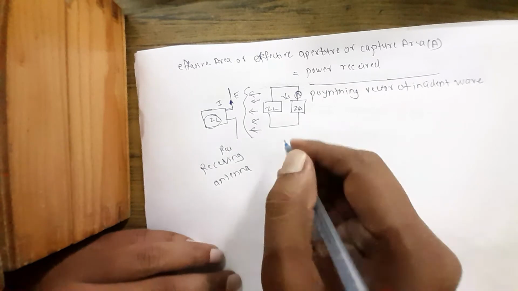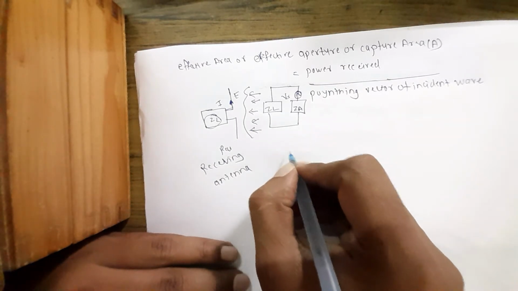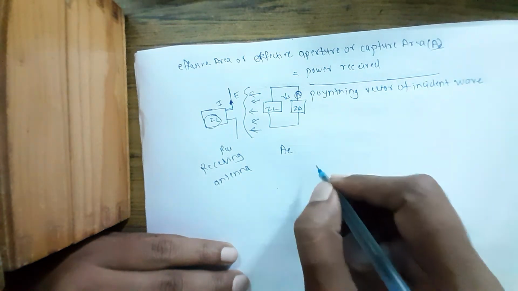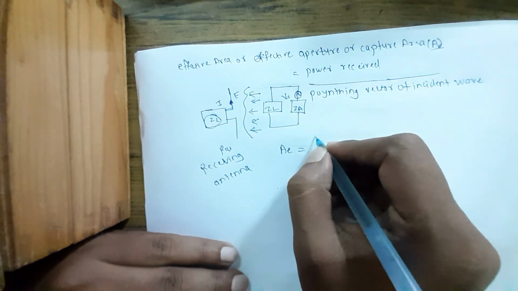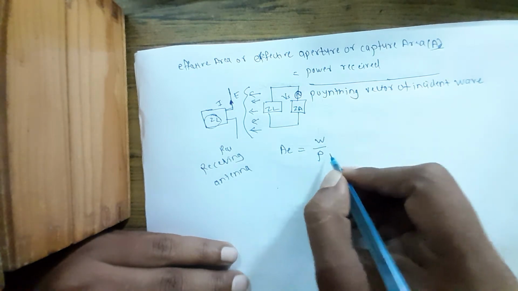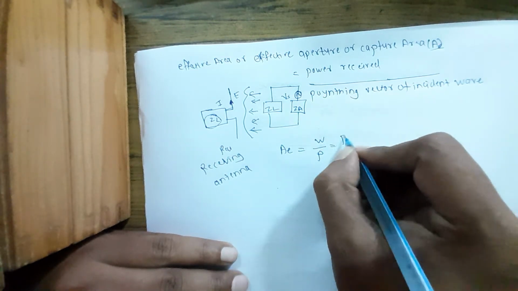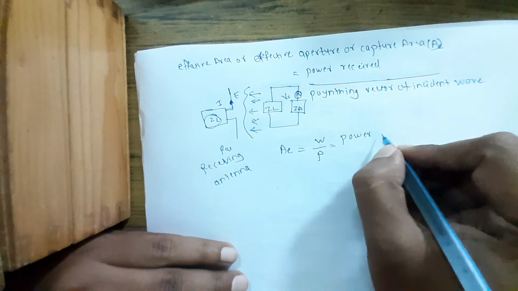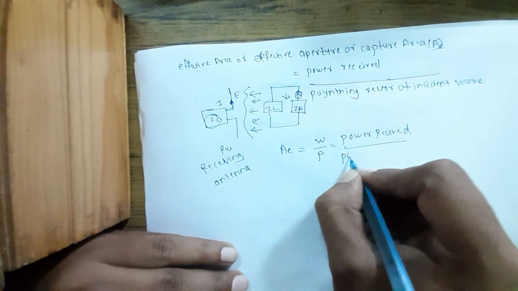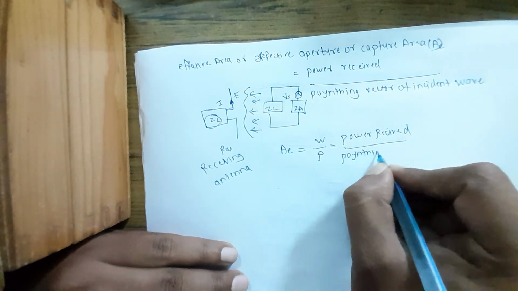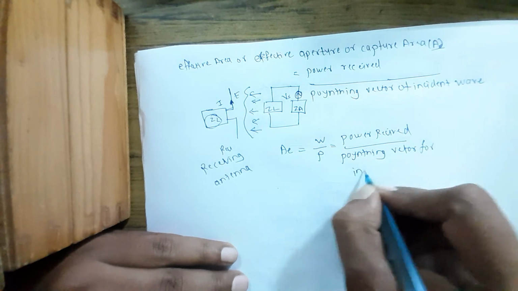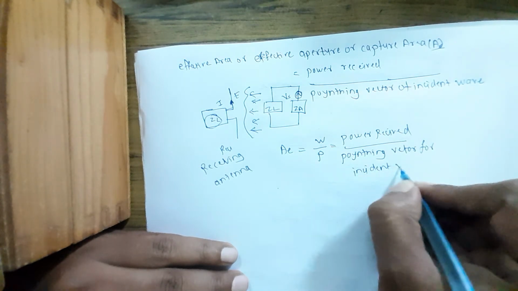So here the effective aperture is represented by A_e equal to W divided by P, that is, power received divided by the Poynting vector for the incident wave.